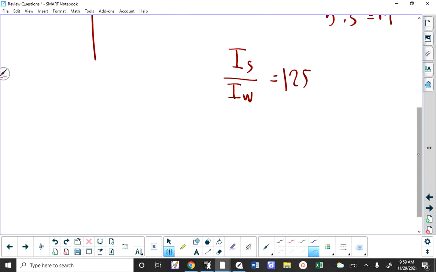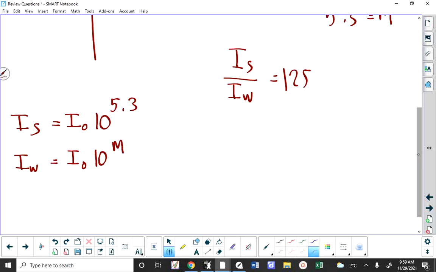So the intensity of the strong earthquake is equal to the reference intensity times 10 raised to its magnitude, and the intensity of the weak earthquake is equal to the reference intensity times 10 raised to its magnitude.